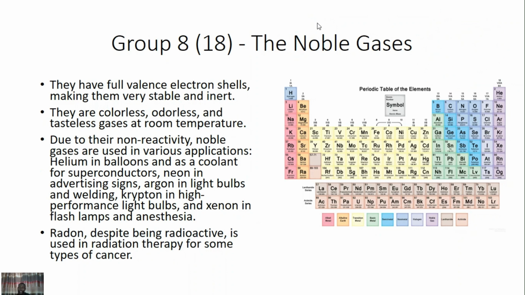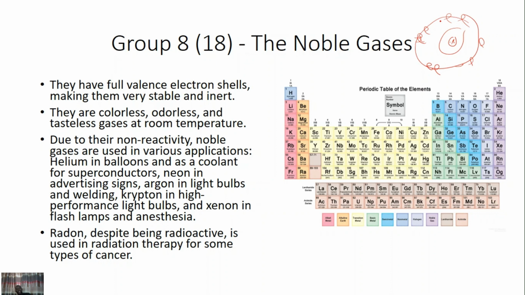Group 8 is composed of the noble gases, and they usually have 8 valence electrons, meaning that their outermost shell has the complete number of electrons, 8. So they are usually inert. They are not reactive.